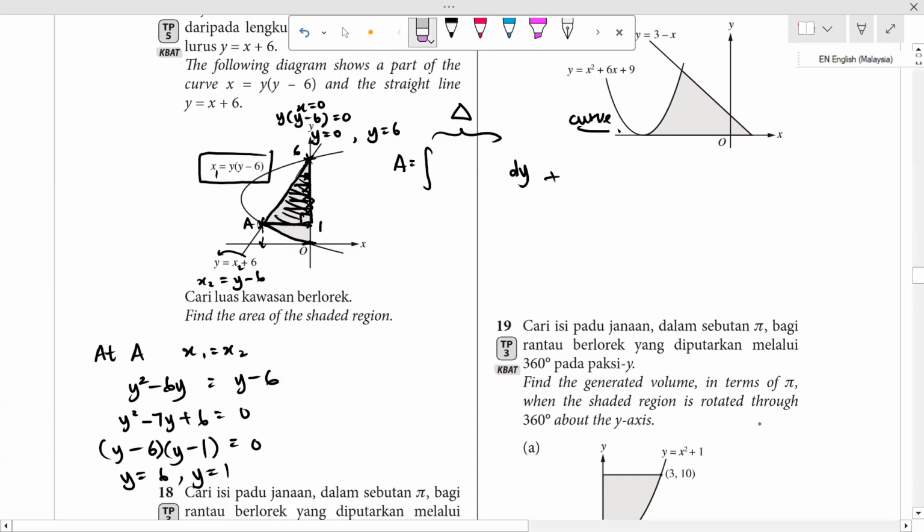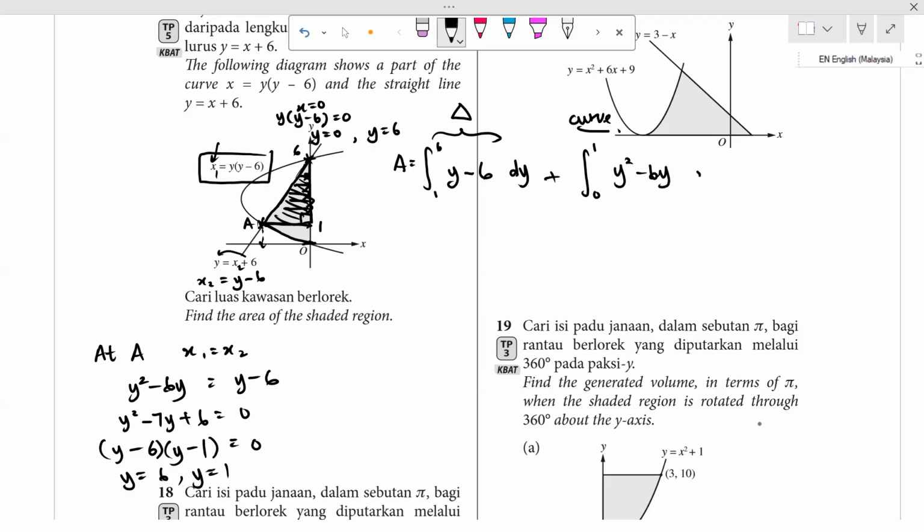Therefore, it is y minus 6. Are you okay? And then from what to what? From 1 to 6. For the curve part, it is from 0 to 1 of the curve. The function of the curve is already written with x as the subject, so it's y squared minus 6y dy.